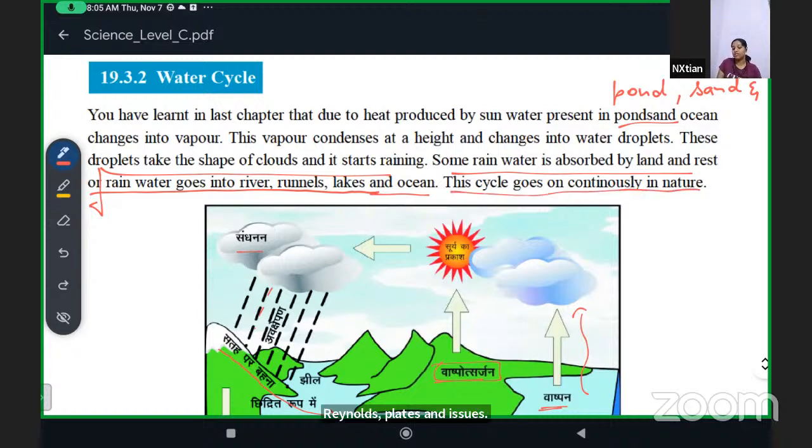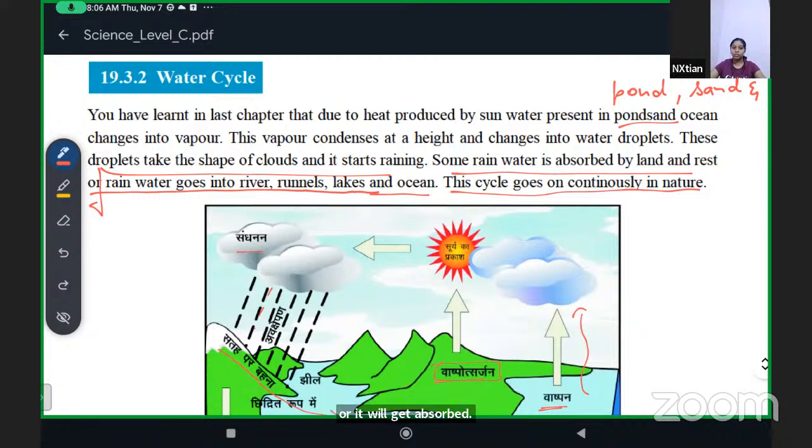Now, there's water present even in sand. Yes, water is present in the sand, but sand cannot hold a lot of water together. It can store a little bit of water, but either it will get evaporated by the sun or absorbed in the sand.